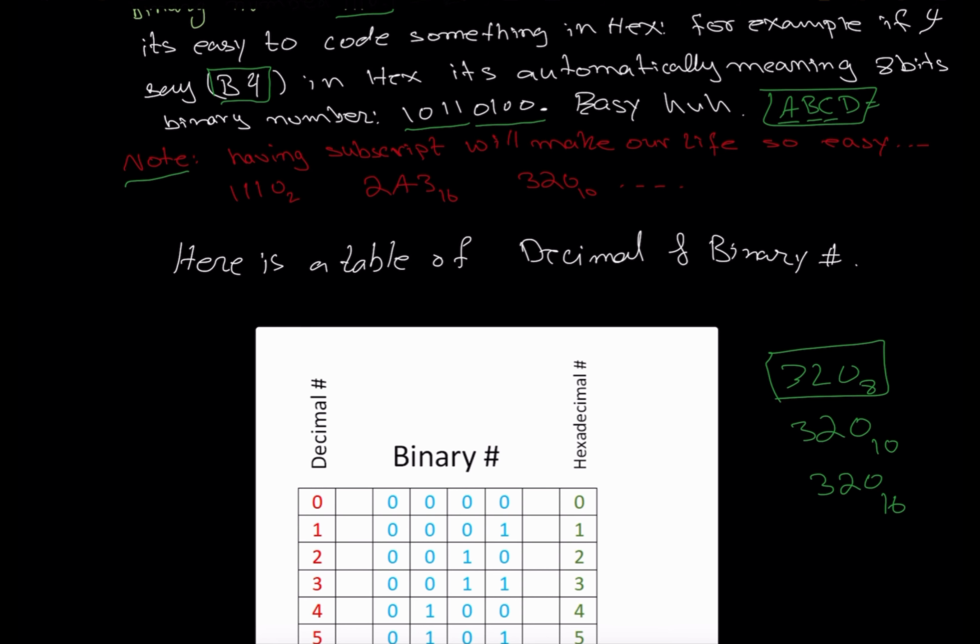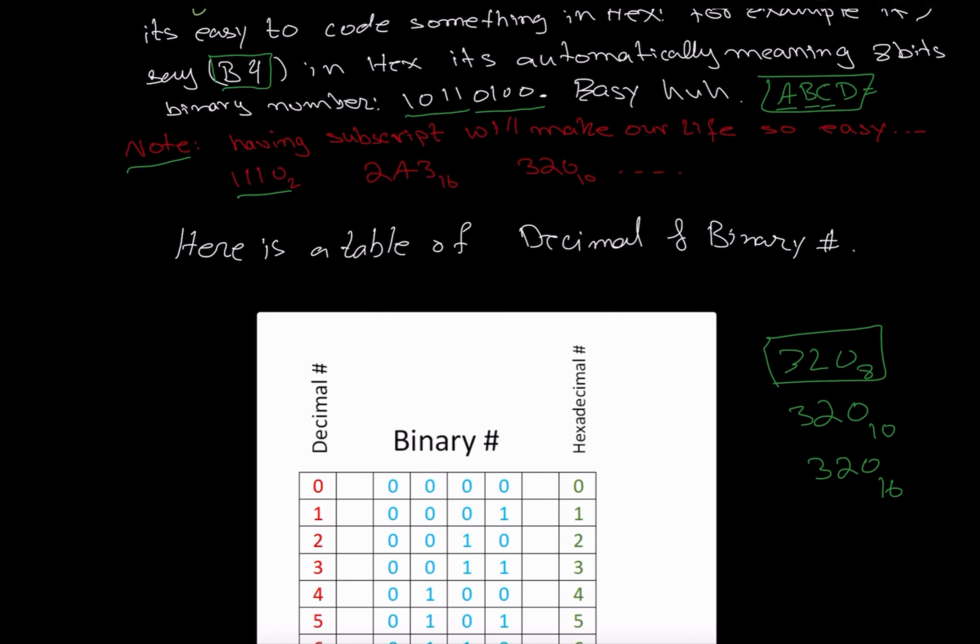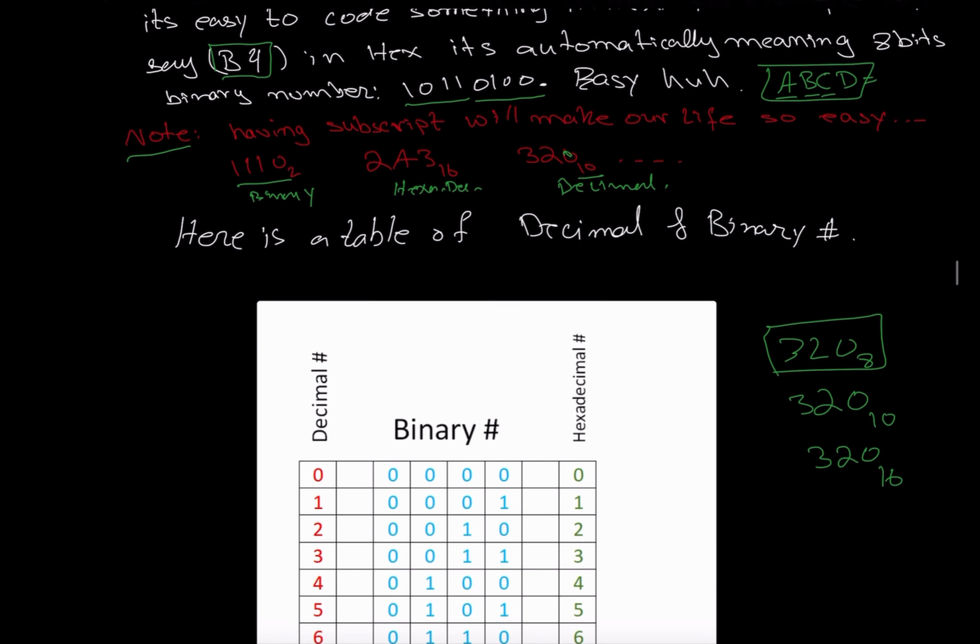So we have to see what the subscript is, and that will make it easy for us to understand what that number is. Like here, 1110 with base 2 is a binary number. 2A3 with subscript 16 is a hexadecimal number. And 320, because it's base 10, is a decimal number. So the subscript plays a good role in there.